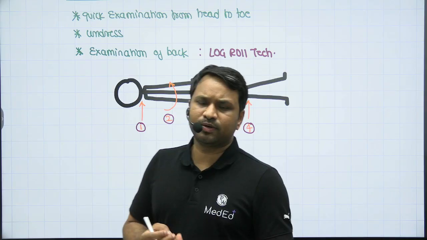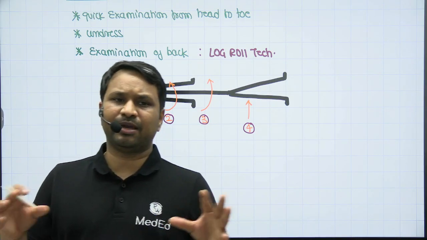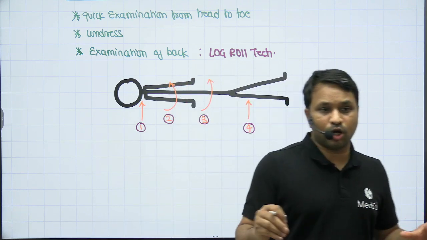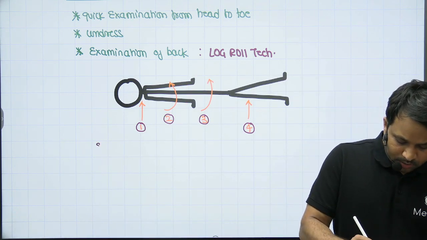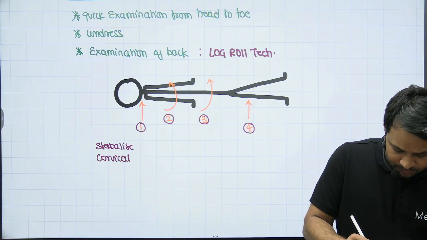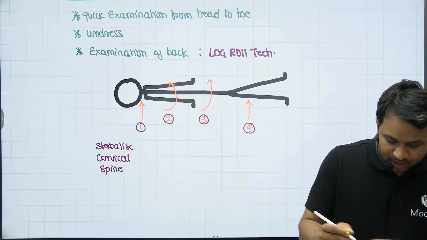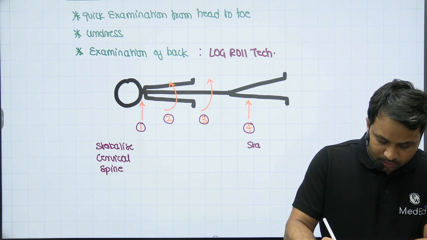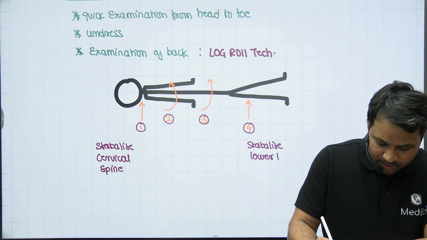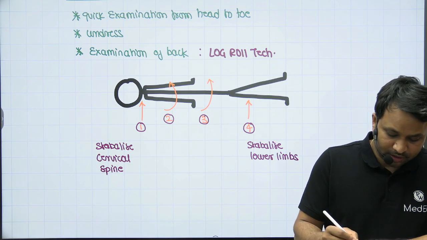There was some controversy where they said the minimum is 3, then they came out with 5. Currently, we say the minimum number of people required to conduct a log roll technique is this. 1, it is to stabilize the cervical spine. Another one, it is to stabilize the lower limbs, especially if there is an associated fracture.